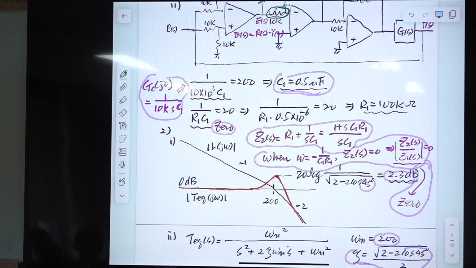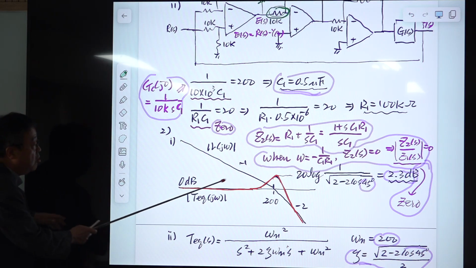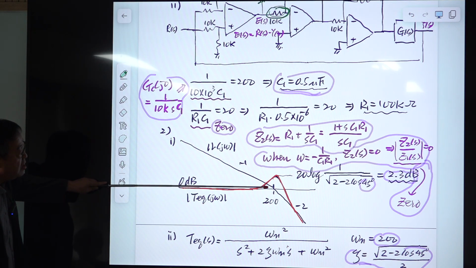And the second problem is to sketch the equivalent second order transfer function for this. So you already know this because it has this structure. It follows a 0 dB line.